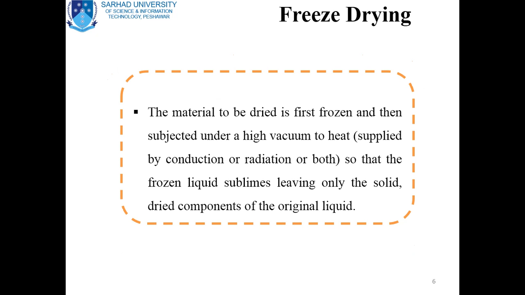One of the concepts that you know is sublimation. Recalling from the definition, sublimation is a process in which the solid material is directly converted into the vapor state without converting to the liquid state.